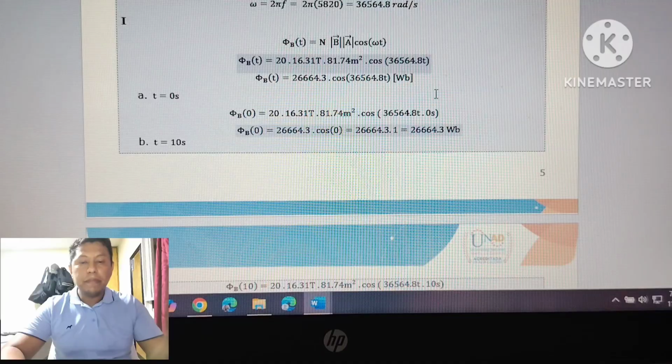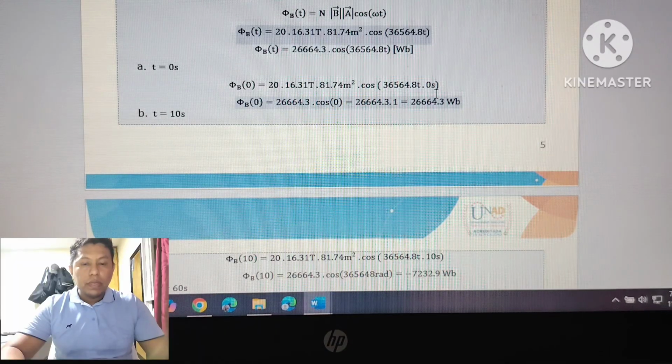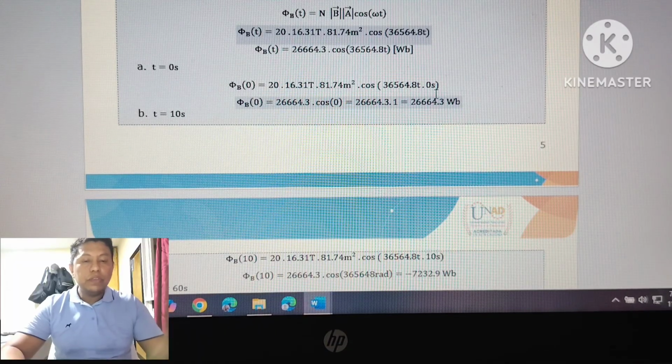We evaluate specific time values. When time is 0 seconds, cosine of 0 is 1, so the magnetic flux is 26,664.3 webers.